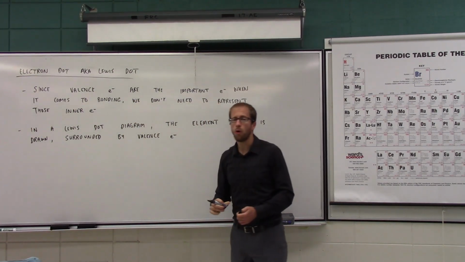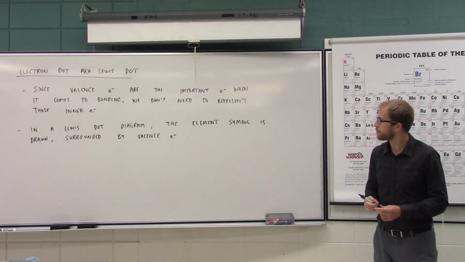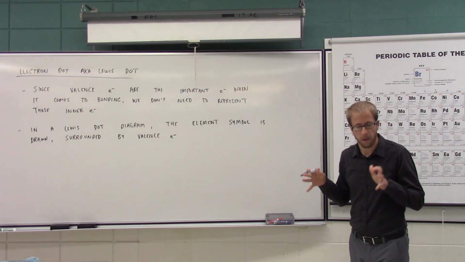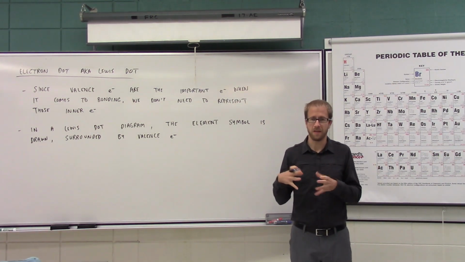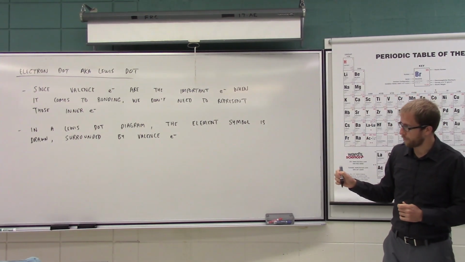Because again, those are the only electrons that matter when it comes to bonding. So we don't need to draw all of those inner electrons when it comes to something like a Bohr diagram, right? Bohr diagrams were a useful stepping stone though.